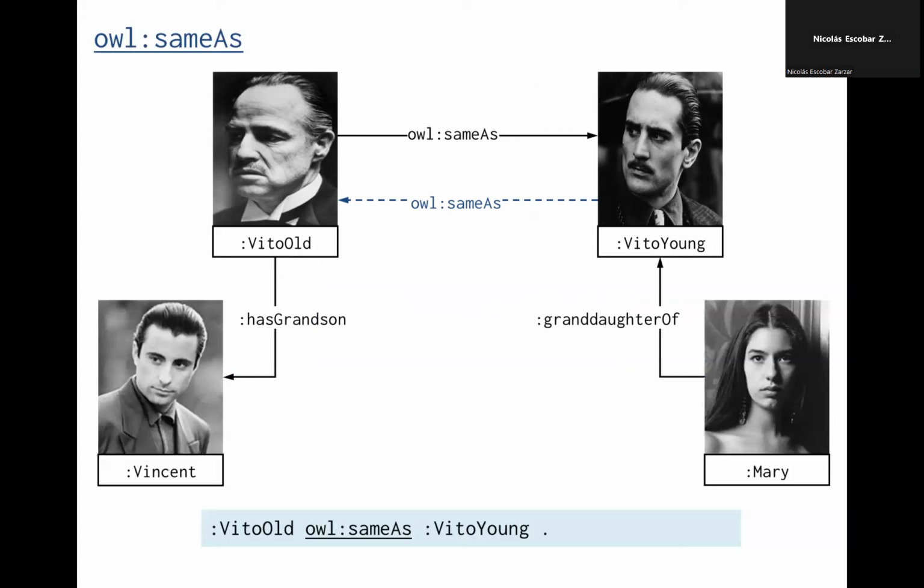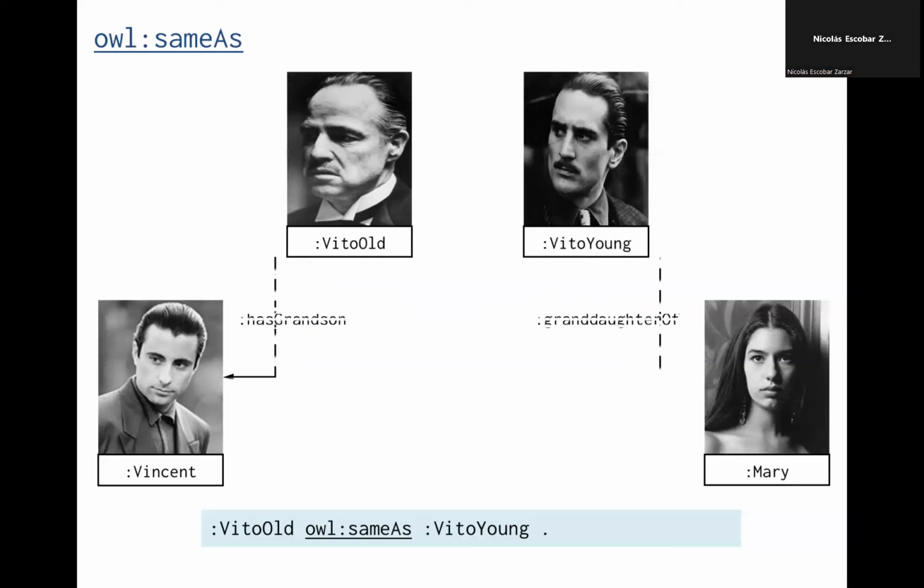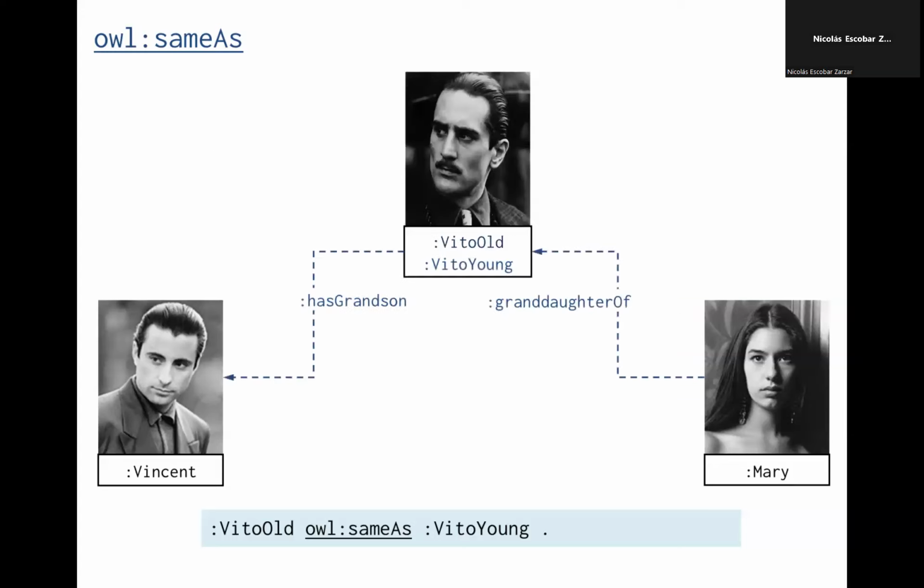Because Vito young was not played by Marlon Brando, and Vito old was not played by Robert De Niro. So if we want to say the two things are the same, what we're saying really is that anything that applies to one applies to the other. They're somehow interchangeable. One might argue maybe it's not something we want to do, but if we do that, now we have two aliases for the same entity, and they're interchangeable.